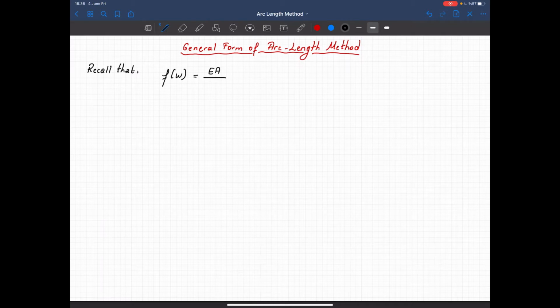EA over L cubed. Now that's the residual force, Z square W plus 3 over 2 Z W square plus 1 over 2 W cubed plus KSW minus P. Now we can rewrite this equation.